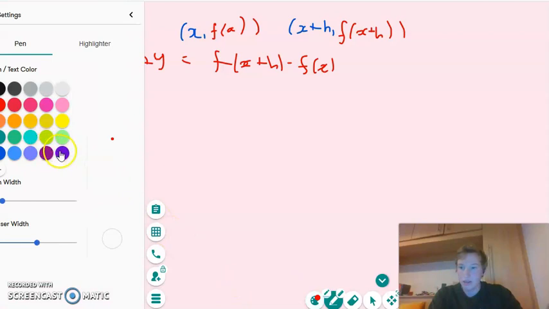But we're going to divide that by our change in x. So our change in x is going to be this one minus this one, x plus h minus x. And we can immediately see that these x's will cancel out.